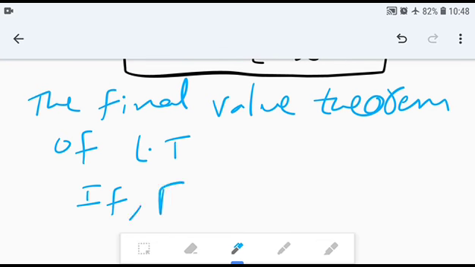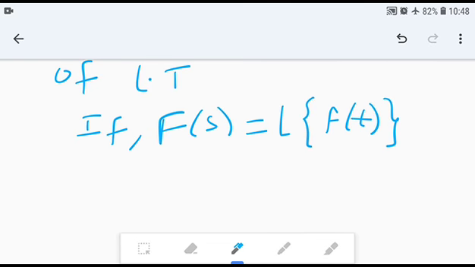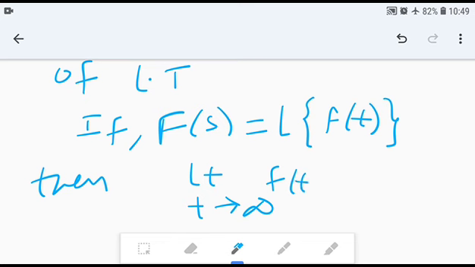If F of s is some function in the frequency domain, which we obtained by applying Laplace transform on f of t, where f of t is in time domain, then this is the theorem: limit t tends to infinity f of t, that is, what will be f of t when t tends to infinity, by applying the final value theorem becomes limit s tends to 0, s into F of s.